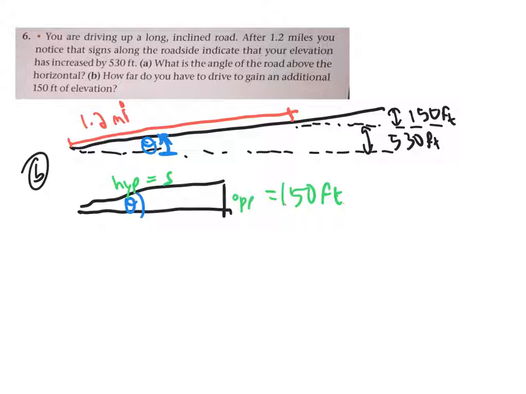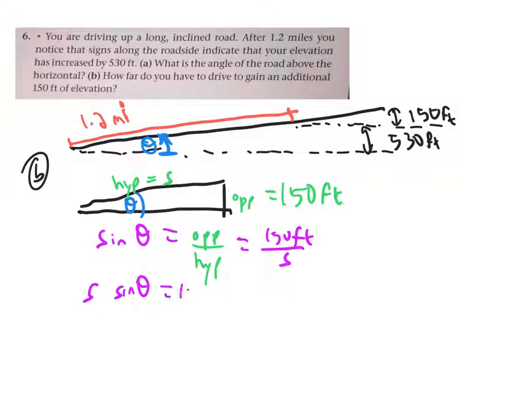And so we again say, oh wait, then basically the same kind of thing applies. The sine of theta is equal to the opposite over the hypotenuse, which will equal 150 feet over S. And then we can cross multiply and say that S times sine of theta is 150 feet, or S is 150 feet over the sine of theta.